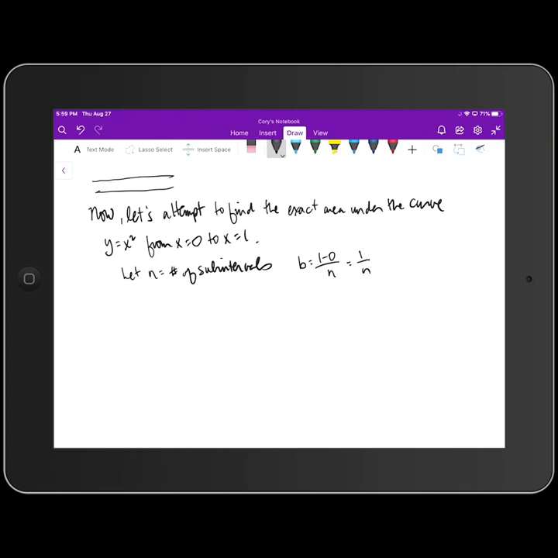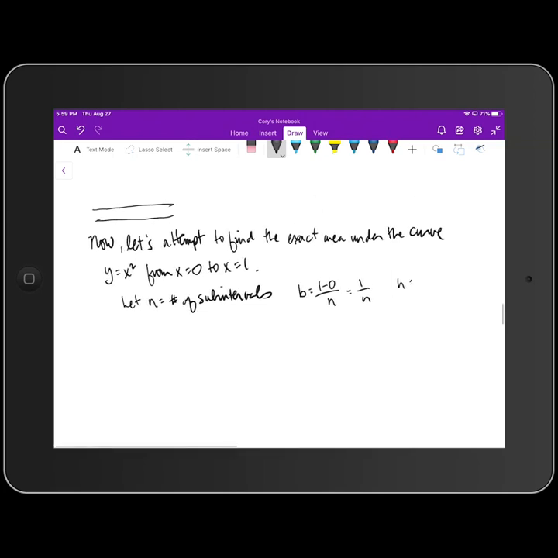Okay, and our height is going to be equal to our function values at wherever we are taking the rightmost endpoint, because we're going to do a right Riemann sum for this.